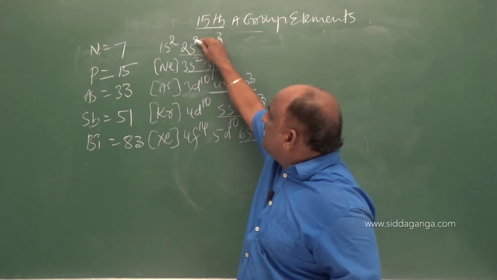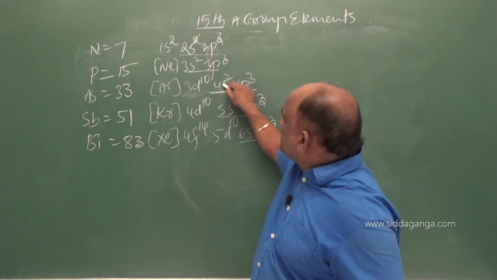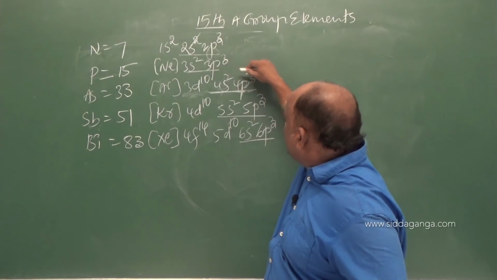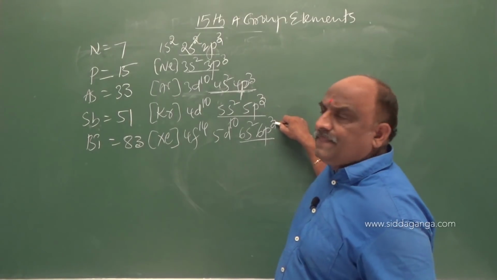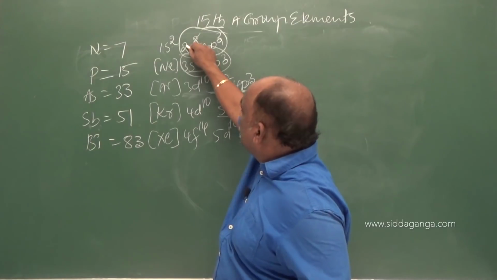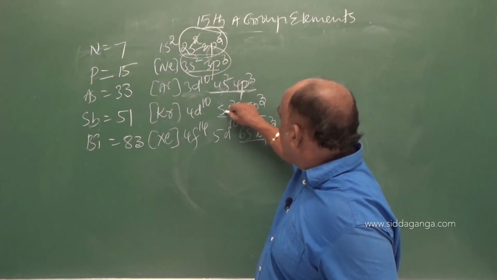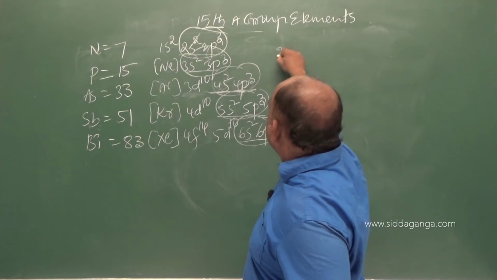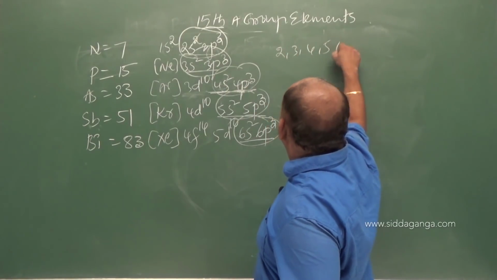Observe s2, s2, s2, s2, s2, and p3, p3, p3, p3, p3. Then where is the change? The change is only in the number: 2, 3, 4, 5, 6.